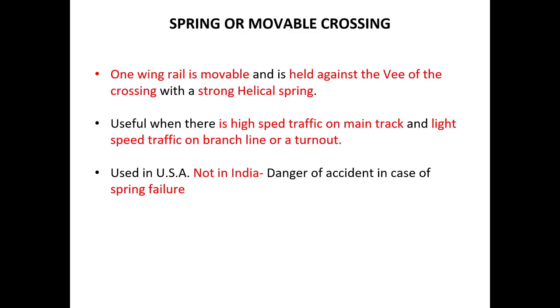Okay. This type of crossing is useful when there is very high speed traffic on a main track, and in case of a branch line or on a turnout when there is light speed traffic. Mainly this type of crossing is not used in India. Why?